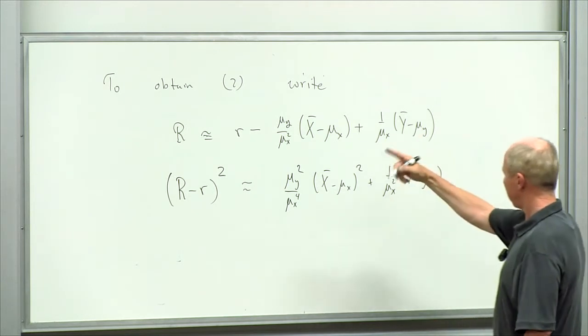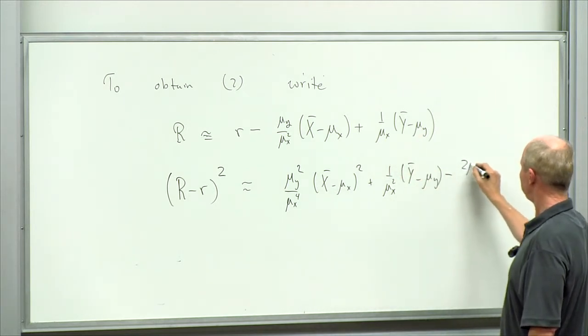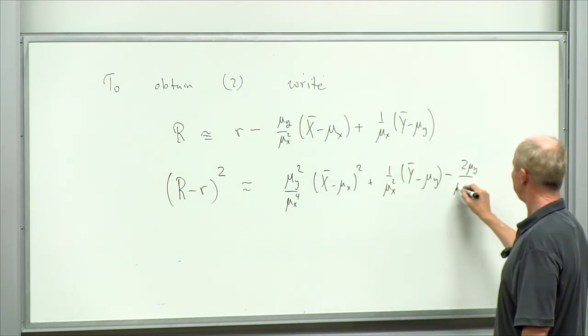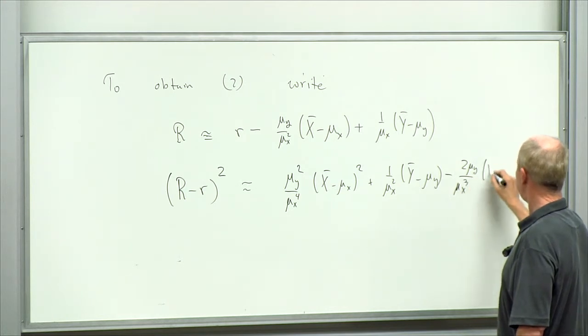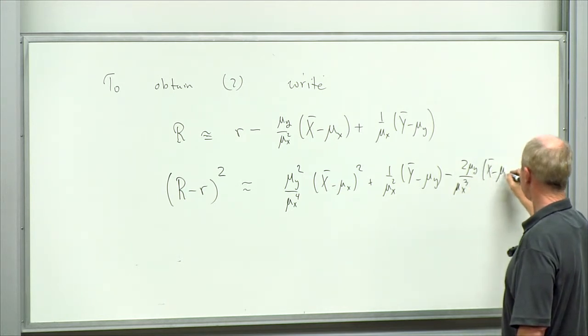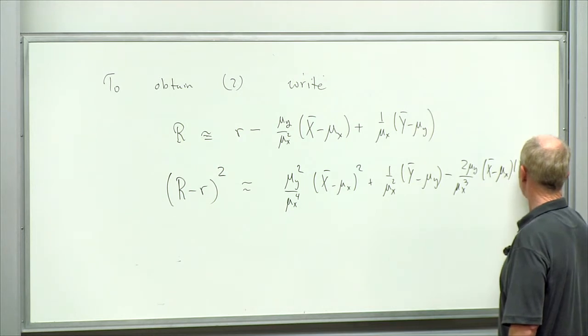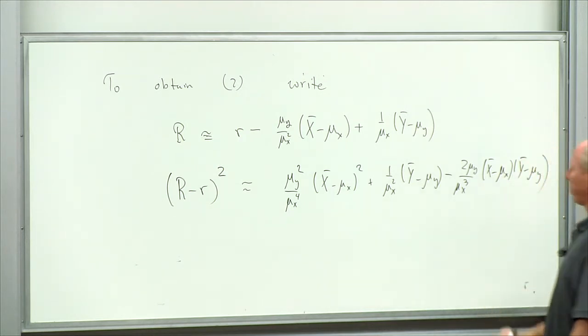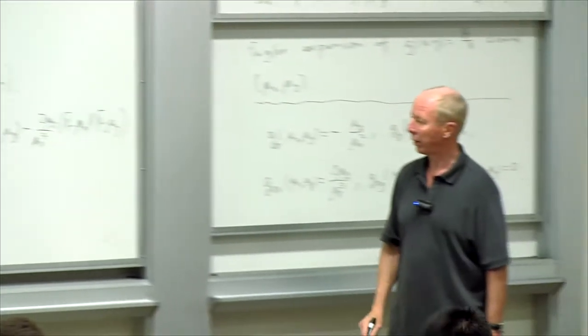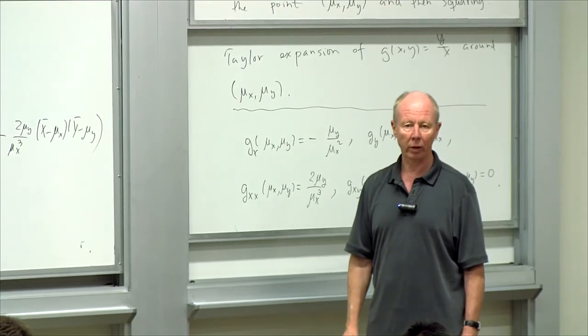And then the product term. So it'd be minus 2 mu y over mu x cubed, x bar minus mu x, y bar minus mu y. Okay? So I subtracted little r from both sides and squared both sides.